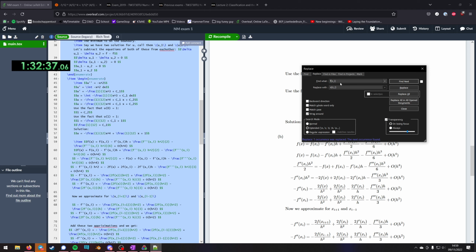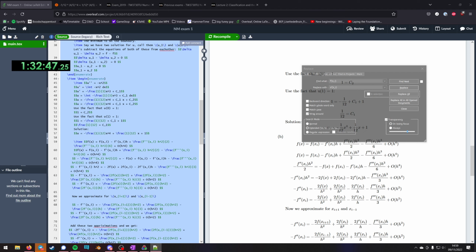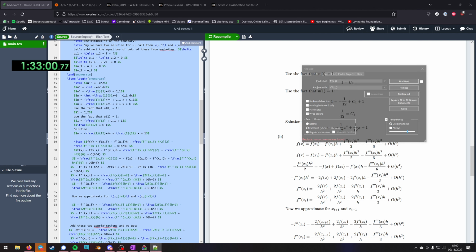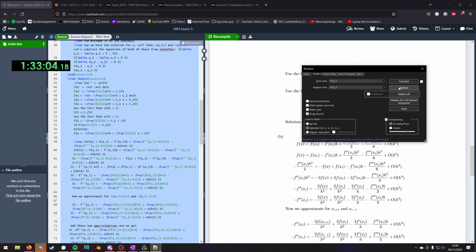And lastly, F of Xi plus 1 becomes U of Xi plus 1, and minus 1 becomes minus 1.